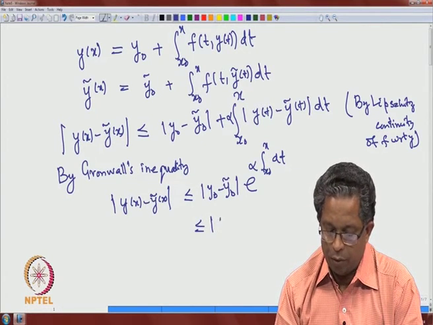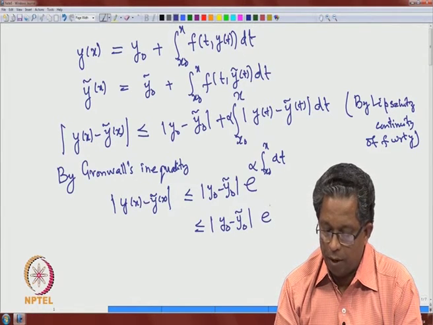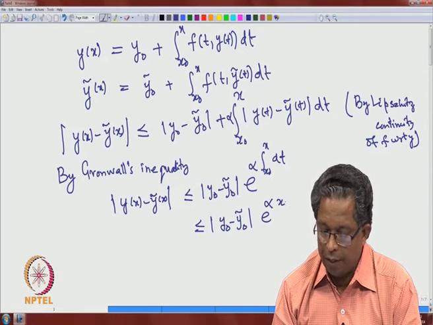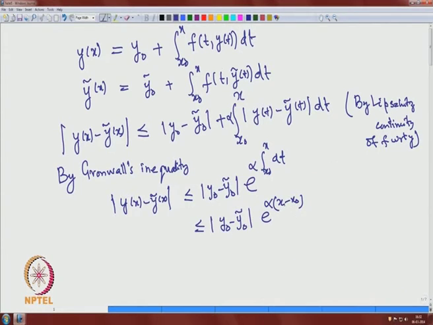This is less than or equal to the absolute value of y0 minus y0 tilde times e to the power alpha times x minus x0, and x minus x0 can be bounded by h, or if we take x1, it is less than or equal to y0 minus y0 tilde times e to the power alpha times x1 minus x0.